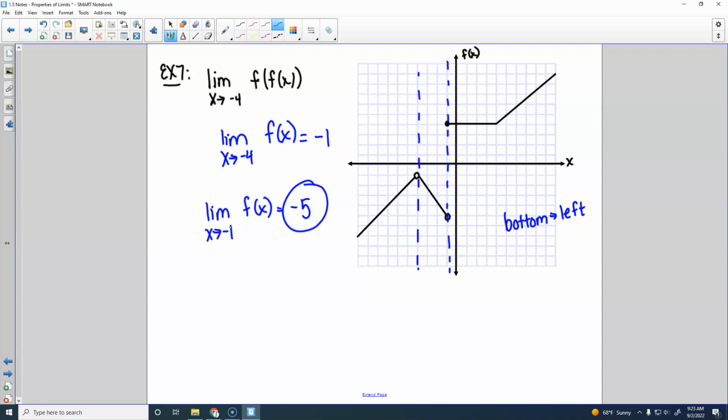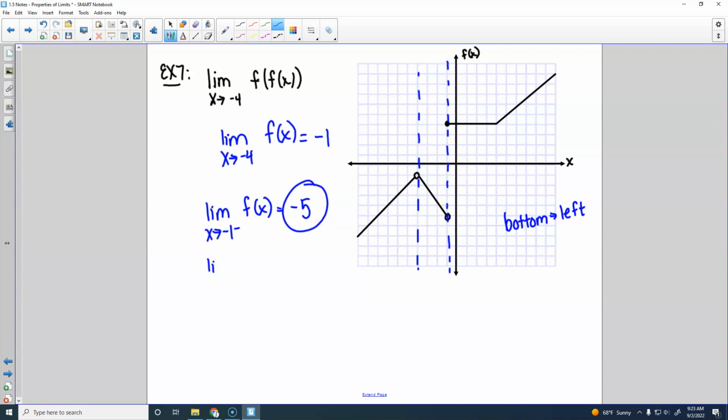If you continue to do f of x, f of x, will the numbers start to repeat themselves, or will it be completely random? It's going to depend on what function you have. Like if we did this again, this time we approached negative 5 from the top, right?